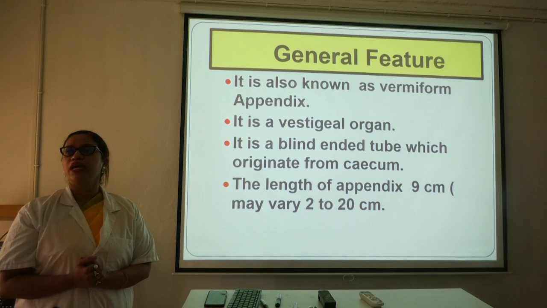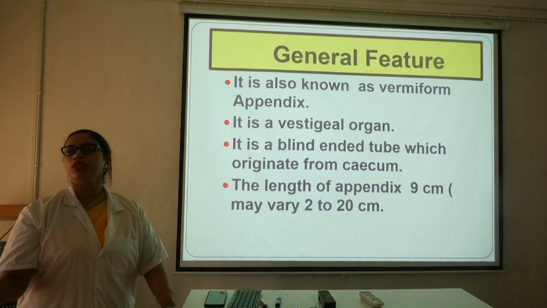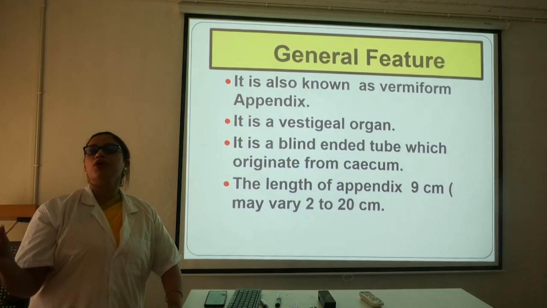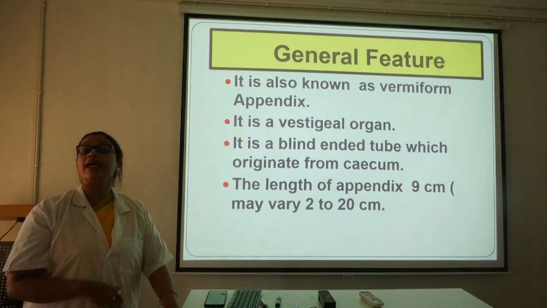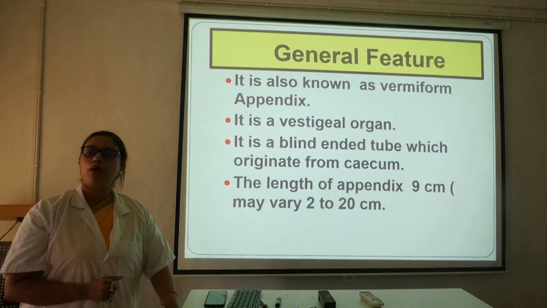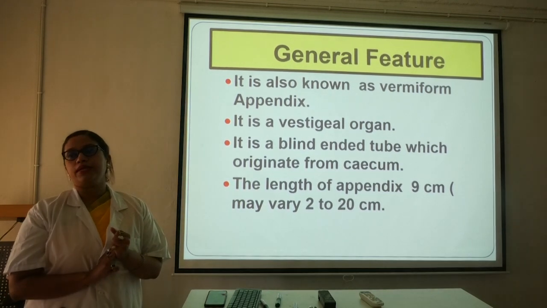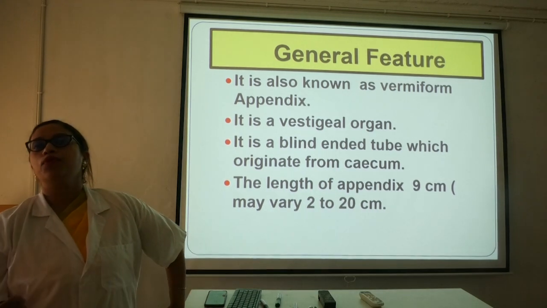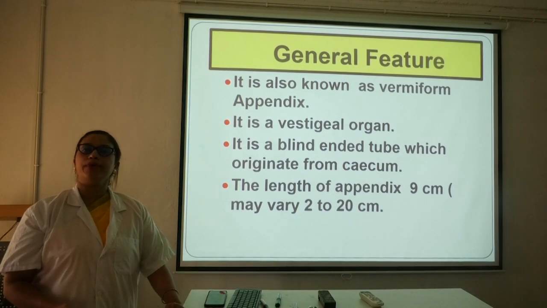There will be extreme pain in the location of the appendix, the right iliac fossa, which is also called McBurney's point. There will be raised temperature, fever, and vomiting. So these three are the criteria of appendicitis: pain in the right iliac fossa, fever and vomiting.